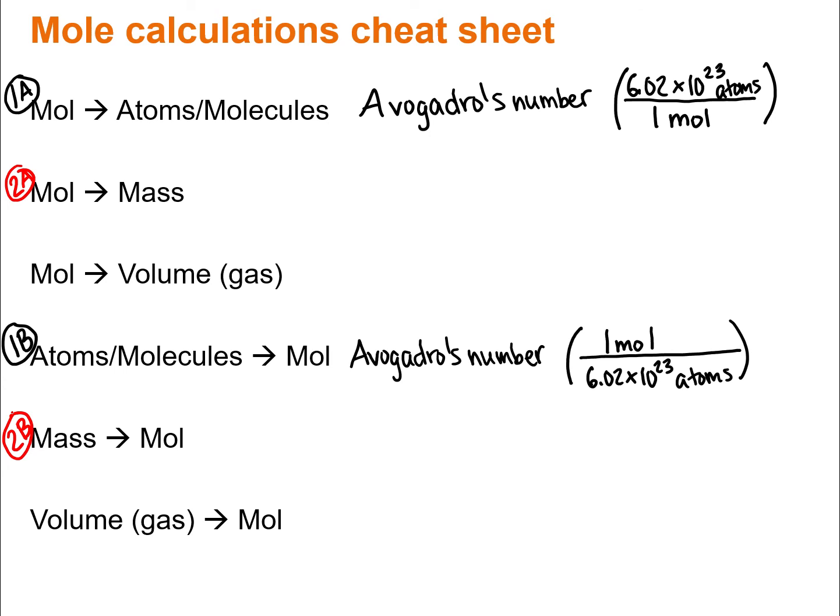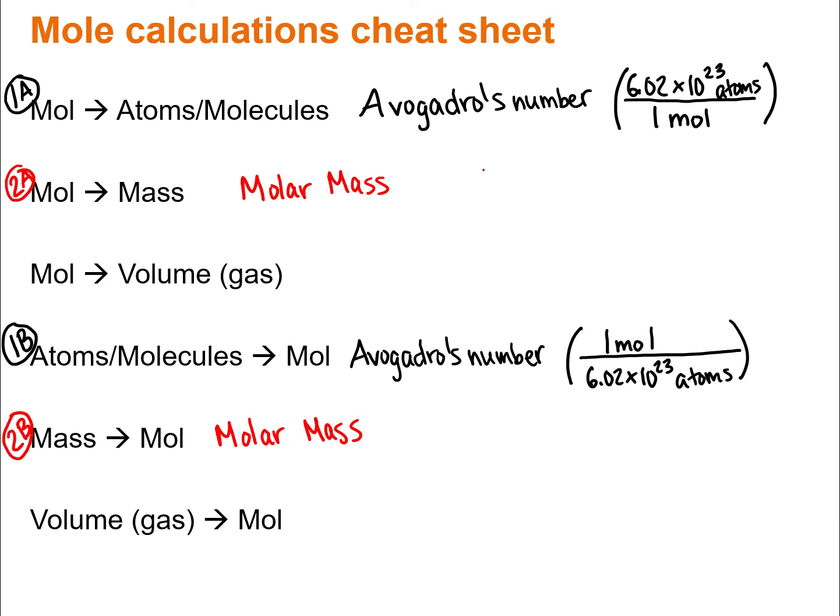The next thing we talked about was molar mass and how we can use that to go from moles to mass and mass to moles. Same concept, different unit factors.